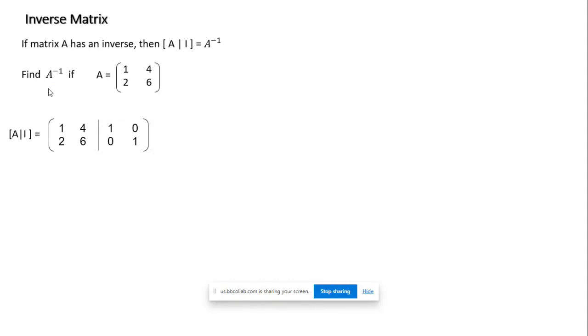So you're going to write the matrix A and set it equal to its inverse. And now you're going to use what's called the Gauss-Jordan method from 6.2, or some books call it the elimination method, but hopefully you know what we're talking about.